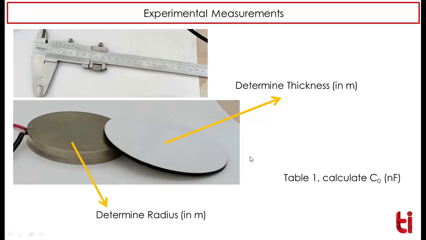Together these two values will give us table 1, which will be used to calculate C naught for all individual samples, because we have 4 different samples. All the 4 samples have different thicknesses, so we will be calculating C naught for each of the 4 samples.